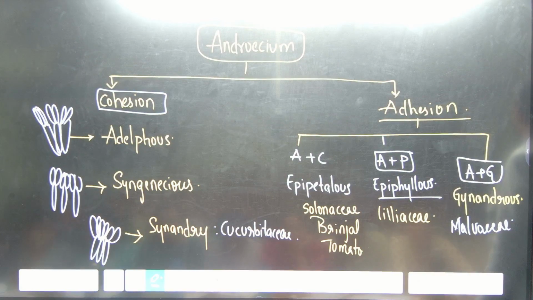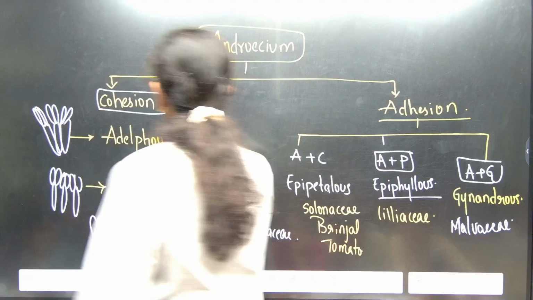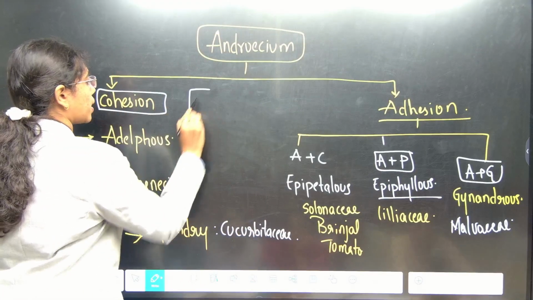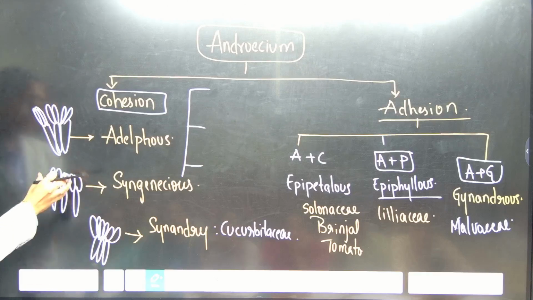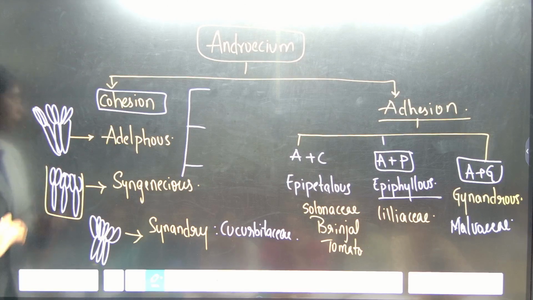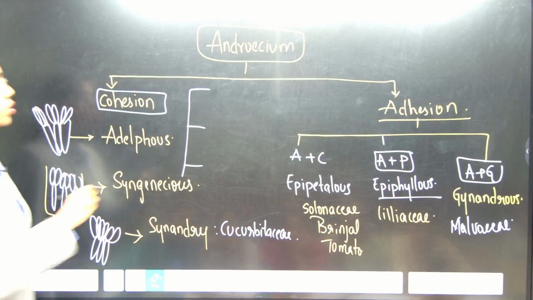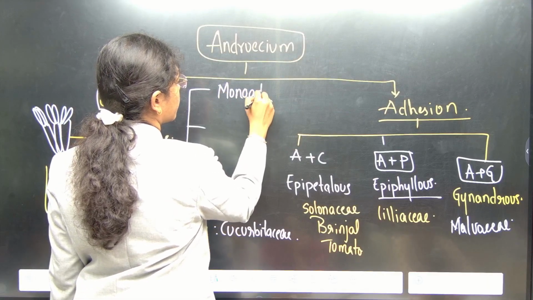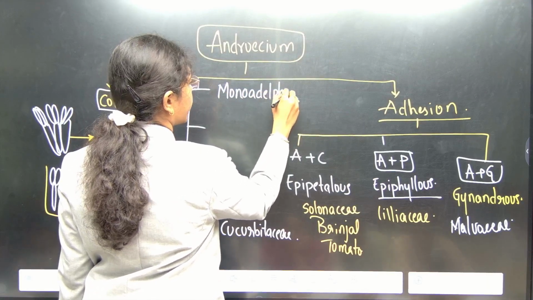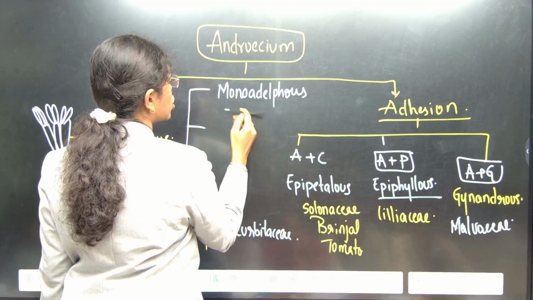Okay, clear? The adelphous types are again of 3 types. Only filaments uniting to each other. If they are uniting and forming a single bunch, it is known as monadelphous. Monadelphous, example China rose.